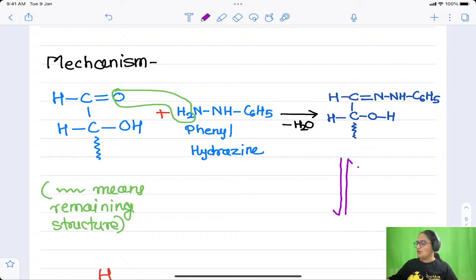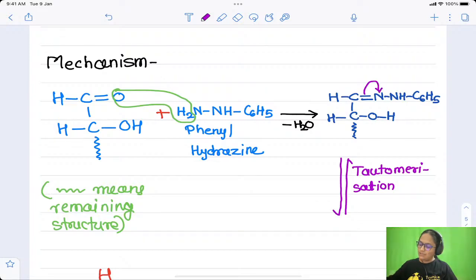It undergoes tautomerization. Tautomerization is a kind of isomerization in which the molecule undergoes rearrangement within itself. So what happens here? This bond gets shifted onto the nitrogen, and this bond gets shifted in between the two carbon atoms. Due to which this hydrogen will be attached to this nitrogen.